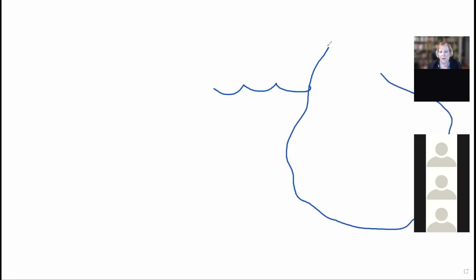So let's say I'm in the Arctic, and I am interested in microbes that live on glaciers. And we're going to say that they're photosynthetic. So I'm putting some little green dots for photosynthetic bacteria that are growing on this glacier.